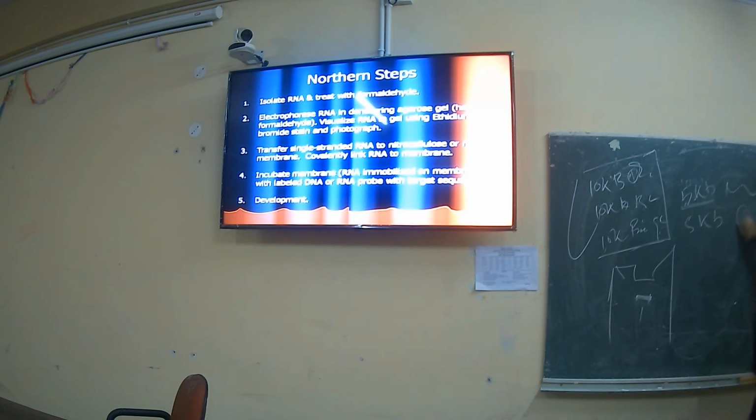Now you use a 5 kilobase circular double-stranded DNA, and then you perform agarose gel electrophoresis. Will a single band appear or two bands? One is a 5 kilobase linear double-stranded DNA. The other is a 5 kilobase circular double-stranded DNA. So will a single band appear or a double band?